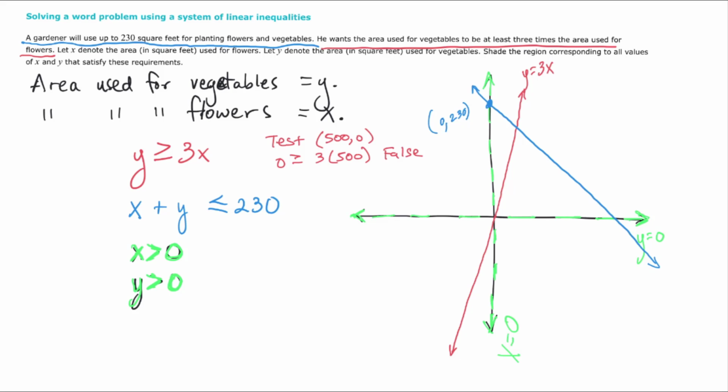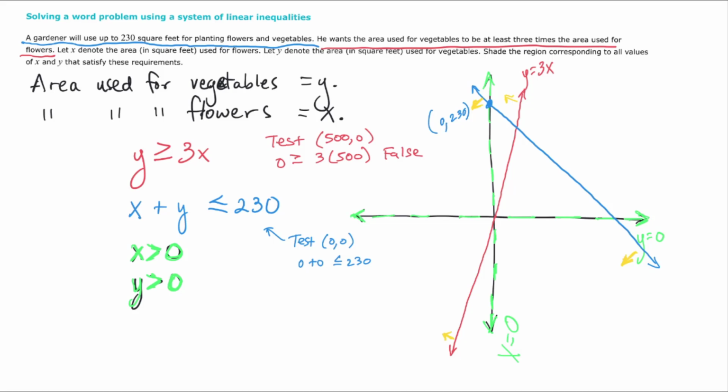In fact, the red line says we need to shade to the left of it. This blue one here is a little bit easier to test. You could just simply test the origin, 0, 0, and you're going to realize that is true. So here it does say shade 0, 0. So we're going to shade this way. And so I'm indicating which way I'm shading with the little arrows.